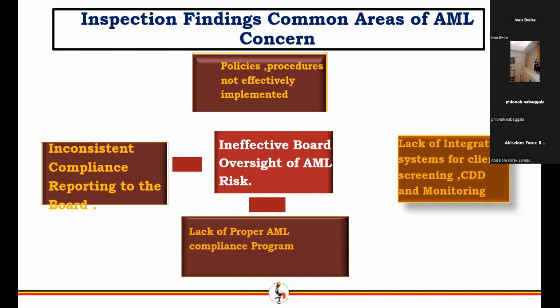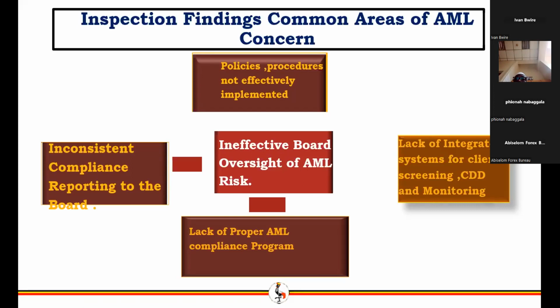If you are a small Forex Bureau and, through your assessment, your risk profile is low, the controls you put in place are not going to be the same controls as those put in place by a big Forex Bureau that might have a big risk appetite.